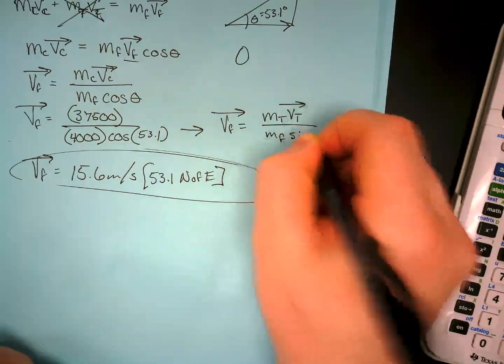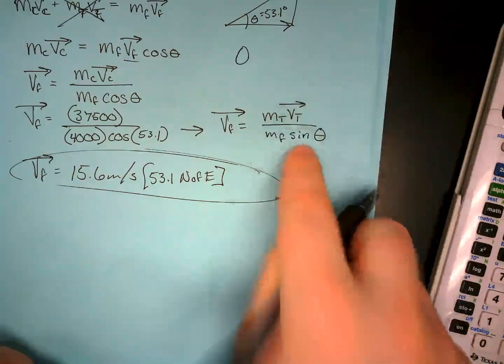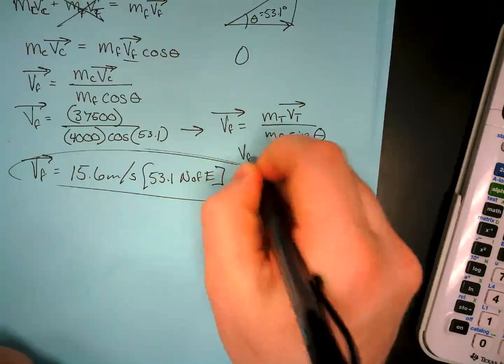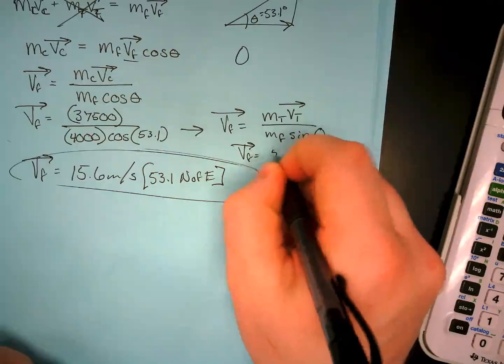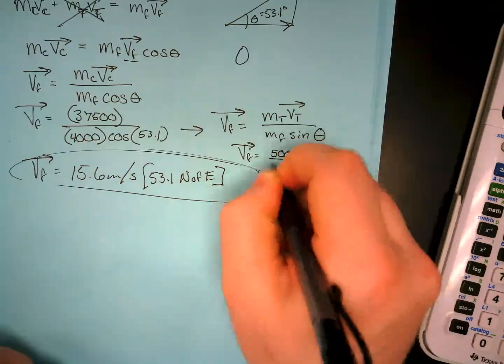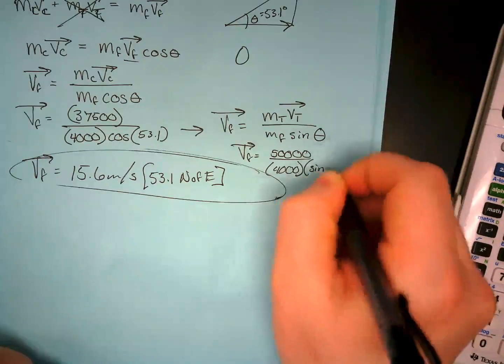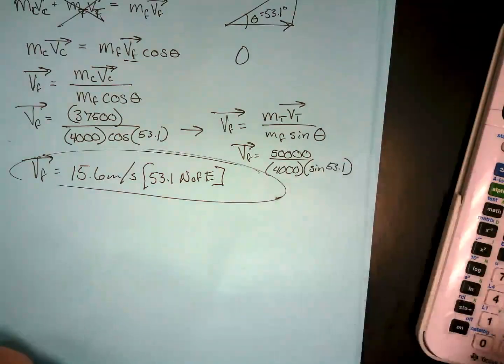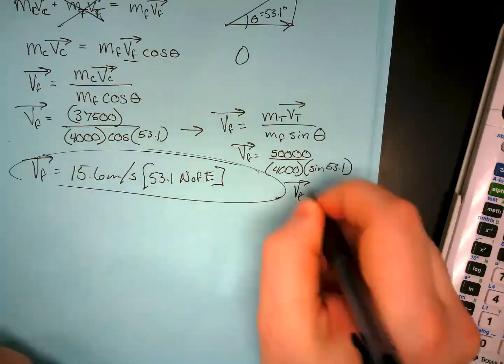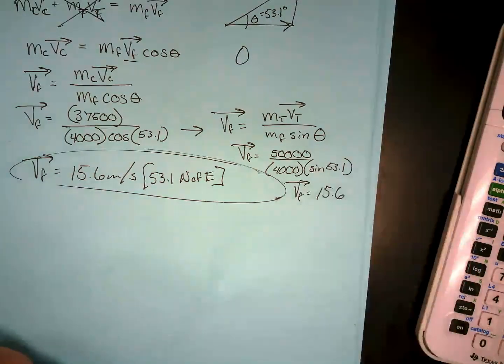And in this case, because the truck is moving north, we'll use sine. So what that'll translate into is 50,000 over 4,000 times the sine of 53.1, which you will get 15.6, okay, which is awesome.